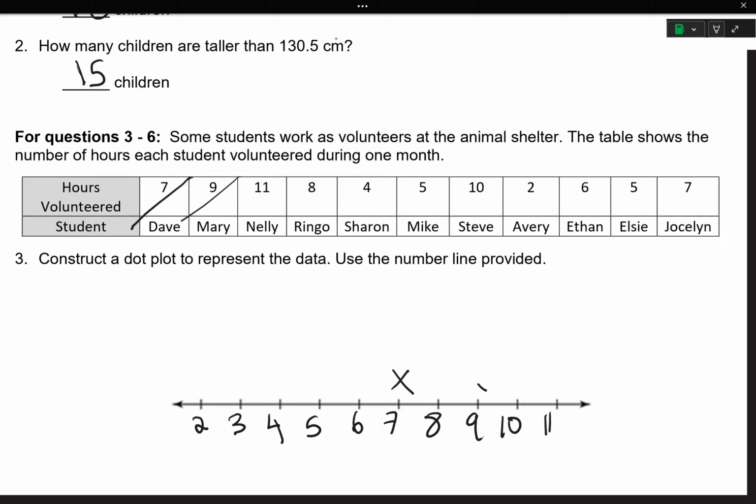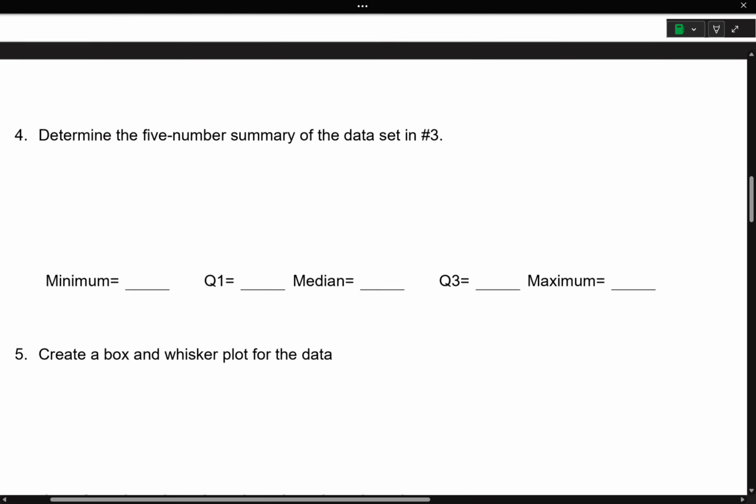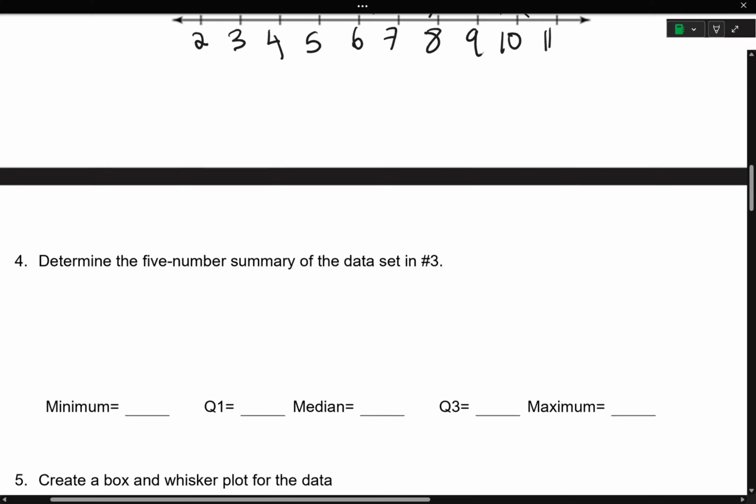Here we go. Here it is. Fantastic. Number 4, let's determine the 5-number summary.